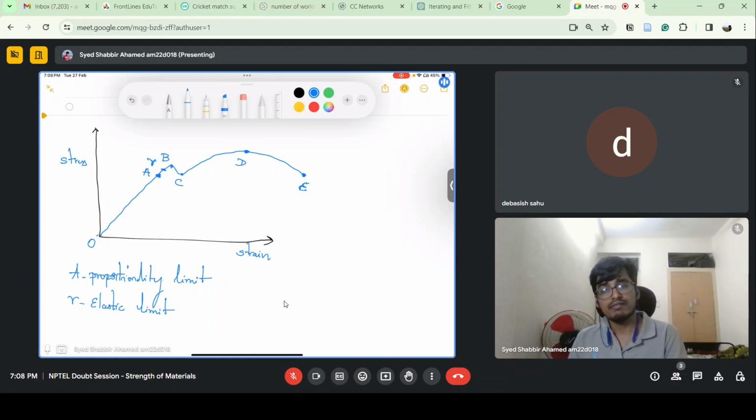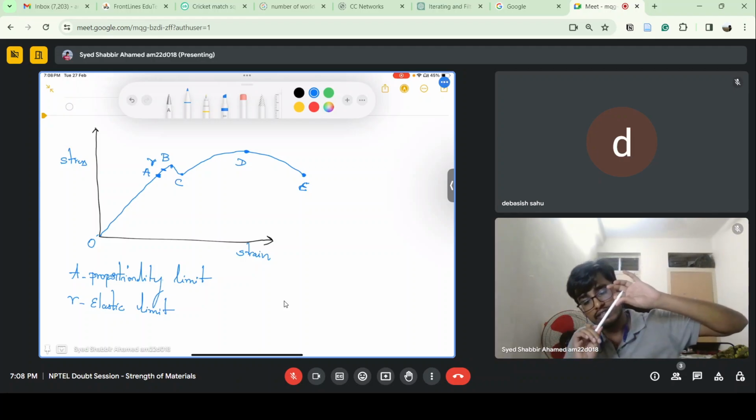Whenever you go beyond the yield point and release the stress, there will be some deformation remaining in the material.